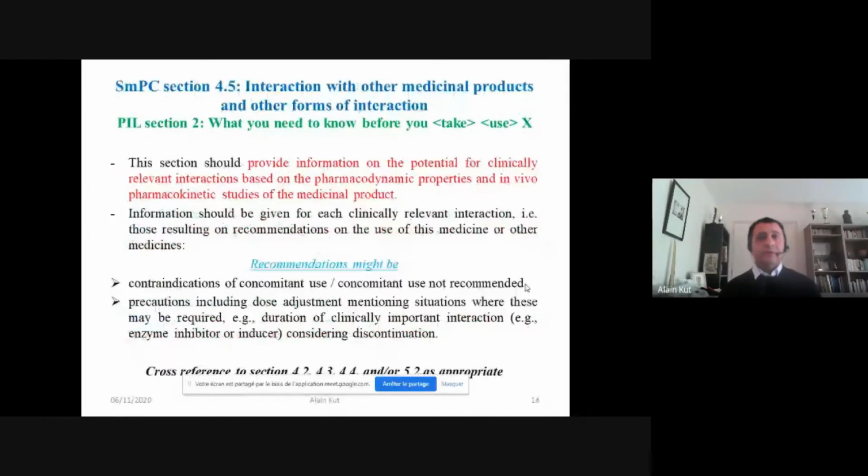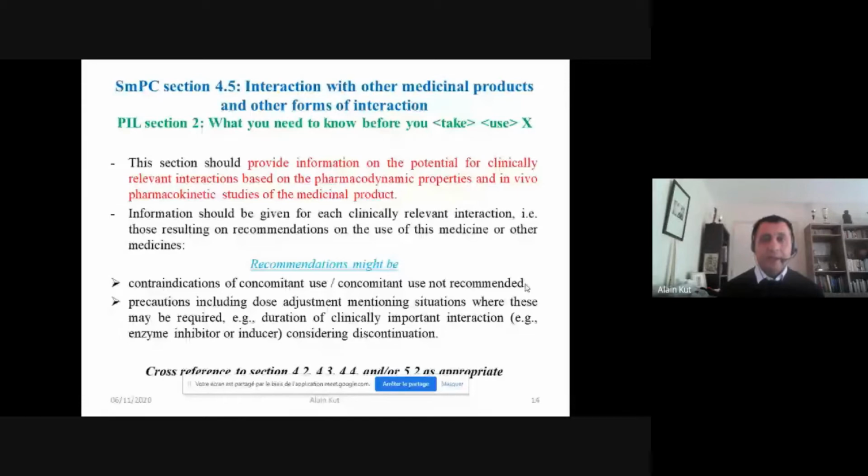In 4.5, a very critical section, the interaction with other medicinal products and other forms of interaction. This section provides information on the potential of clinically relevant interaction based on pharmacodynamic properties and in vivo pharmacokinetic studies of the medicinal products.